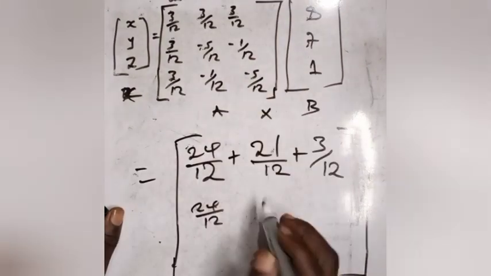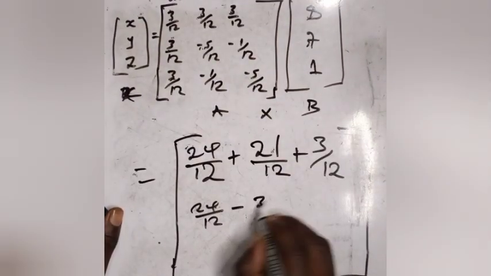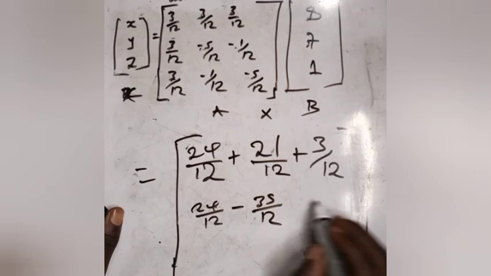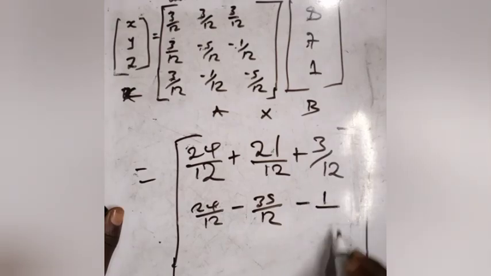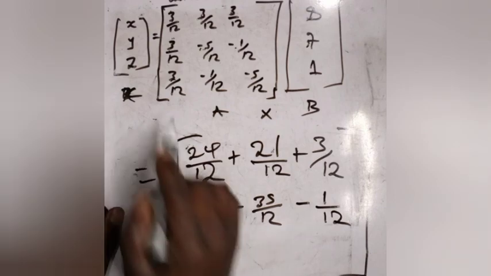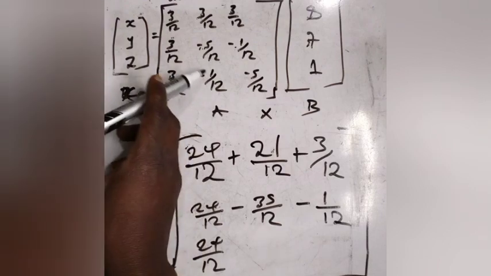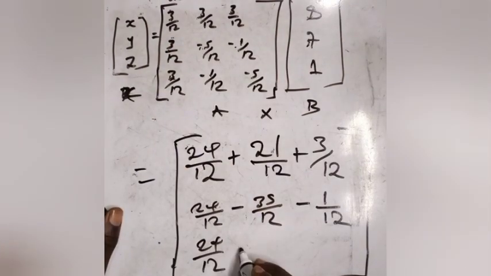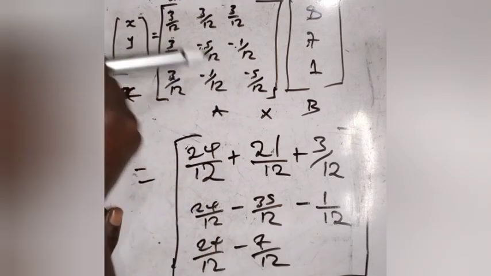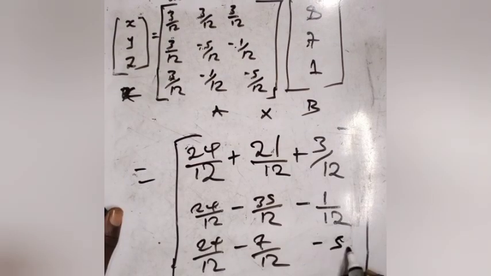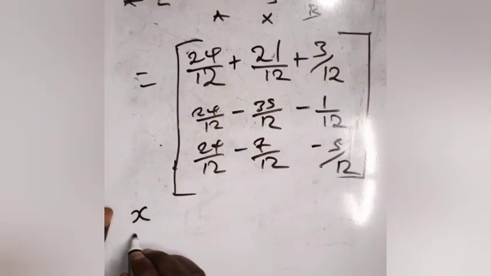Negative 5 times 7, which is minus 35 over 12. Negative 1 times 1, which is minus 1 over 12. Then 3 times 8, which is 24 over 12. Negative 1 times 7, which is minus 7 over 12. Then negative 5 times 1, which is minus 5 over 12. Here x, y, z.